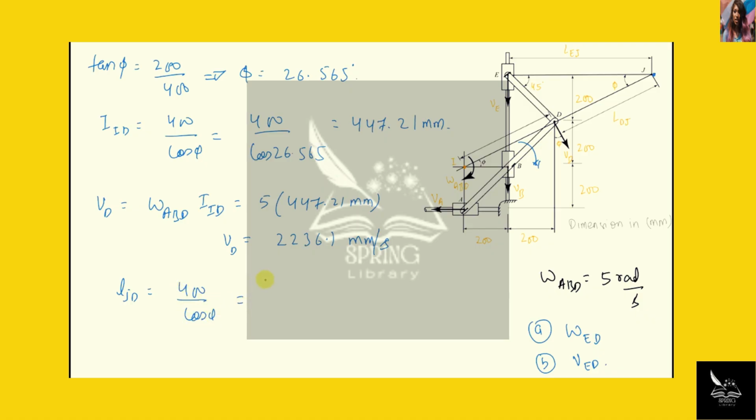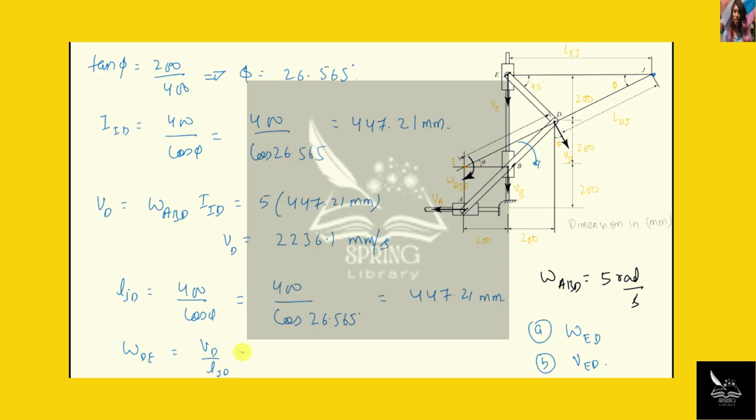Phi we have already calculated as 26.565 degrees. So 400 over cosine 26.565 degrees, and we'll get the value as 447.21 mm.